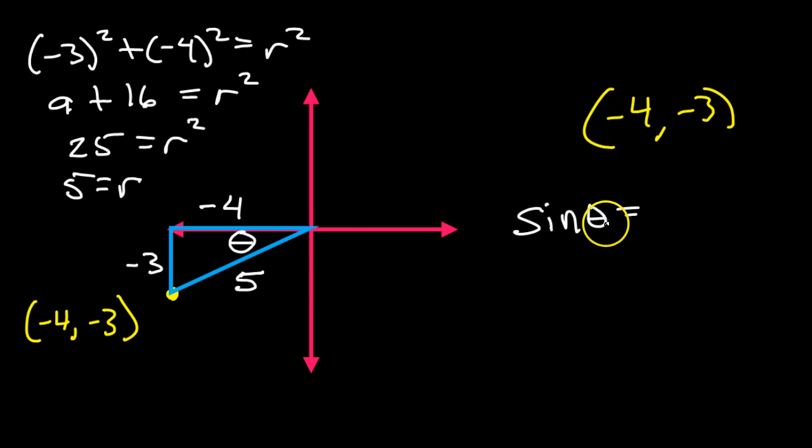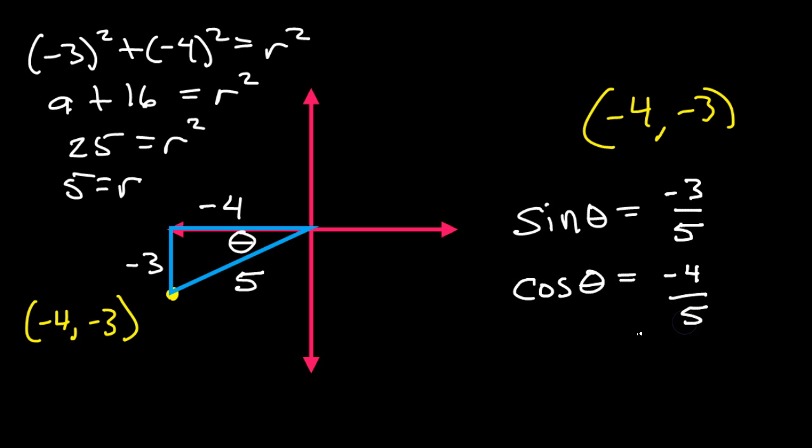So, as I was saying, the sine is opposite over the hypotenuse. So that'll be -3 over 5. The cosine is adjacent over hypotenuse. So that's -4 over 5.